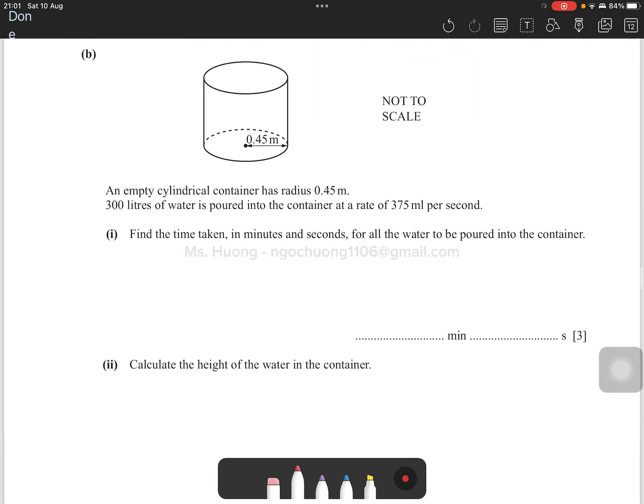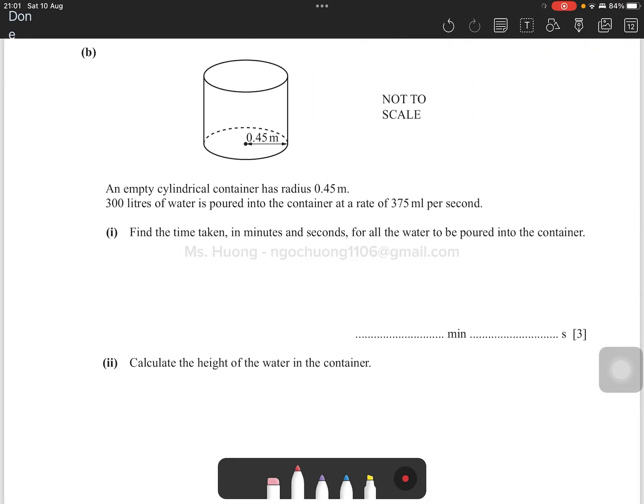Question B. An empty cylindrical container has radius of 0.45 meters. 300 liters of water is poured into the container at a rate 375 milliliters per second. So we know that 375 milliliters is corresponding to 1 second.